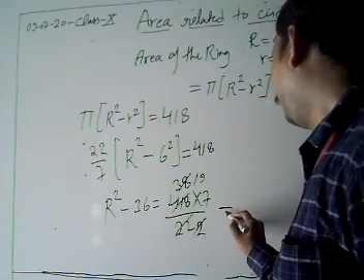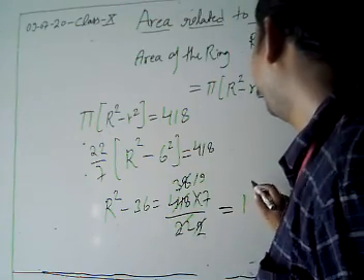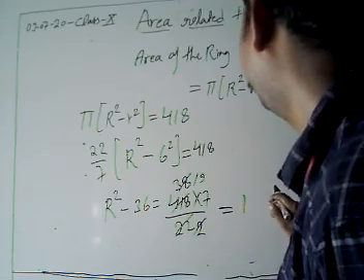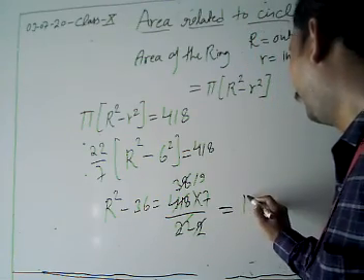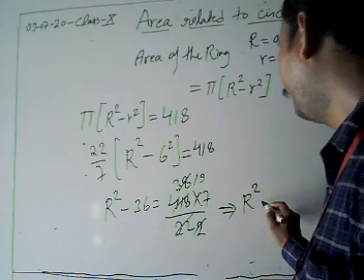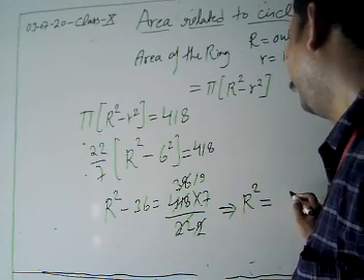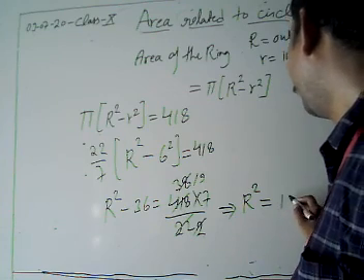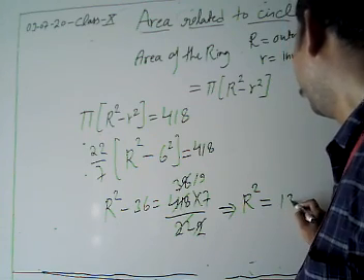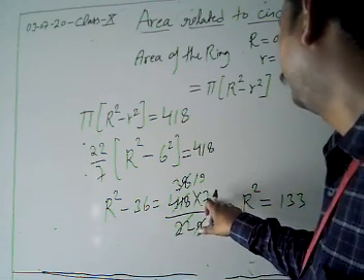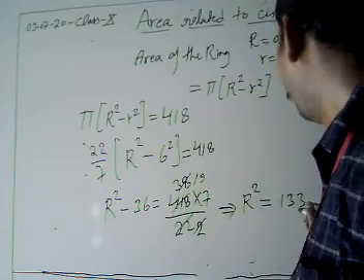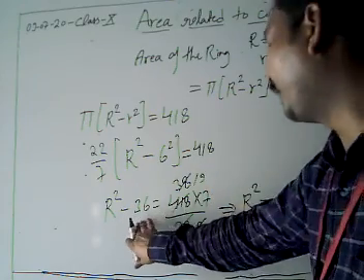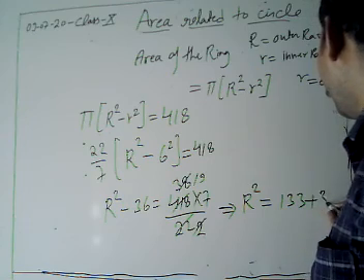Now, what is our R square? What do we get? 19 times 7 is 133. Then we have to put R square is equal to 133 plus 36.